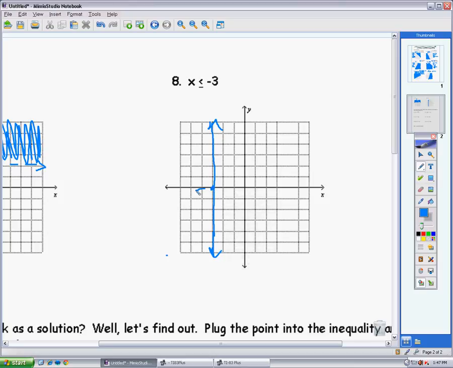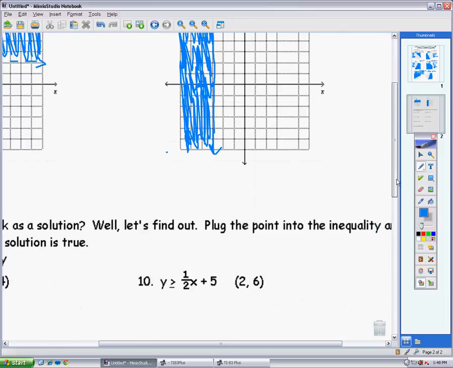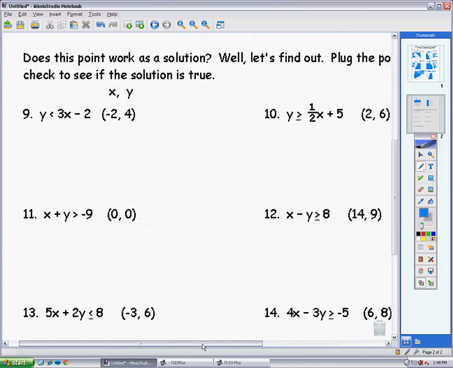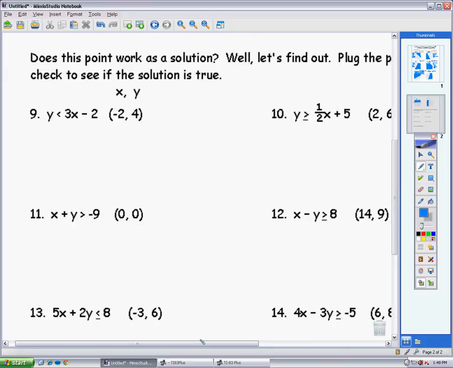Well, less than is to my left, so that means all of these points on my left side are going to be shaded in. So that represents all of the solutions where x is less than -3. We can't use the calculator to graph that.